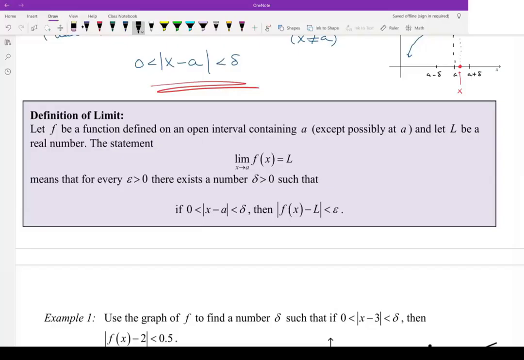This statement, our limit notation, means that for every positive epsilon, there exists a positive delta such that this is true. Now, again, this is brand new. This takes a little getting used to, okay? I want to start with this statement, okay? Does somebody want to chime in and use the distance word and tell me what this statement says?